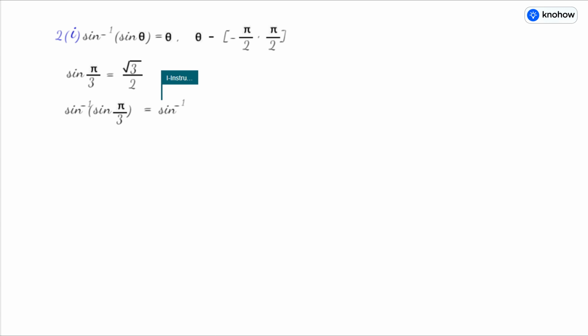So that will be sine inverse of root 3 by 2. What do you mean by sine inverse of root 3 by 2? What is that angle whose sine is root 3 by 2? It is pi by 3 again. So what do you find? That sine inverse of sine pi by 3 is pi by 3.